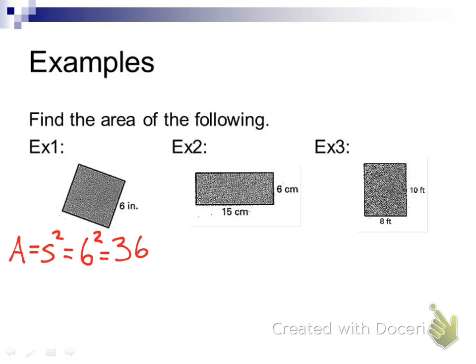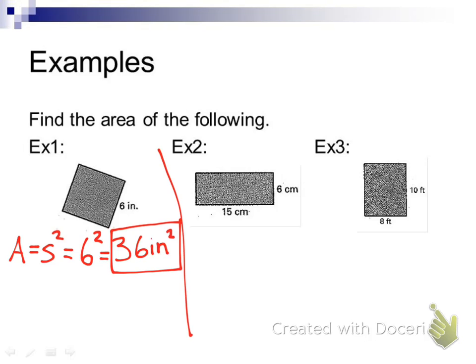Good. Now, anytime you're doing an area problem, you need the units. In this case, it's inches. And then we put a little square just to show that that represents area. And then when you read that out loud, you actually say square inches. So this is 36 square inches. It's just a way to label the problem.